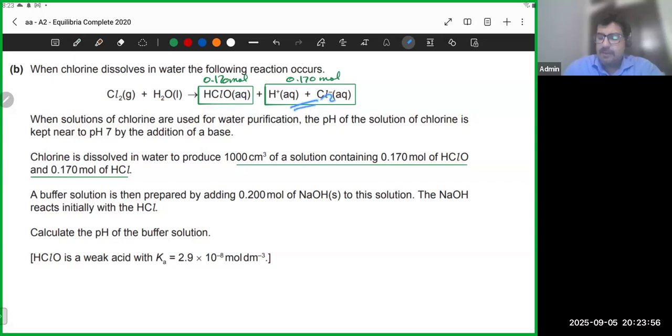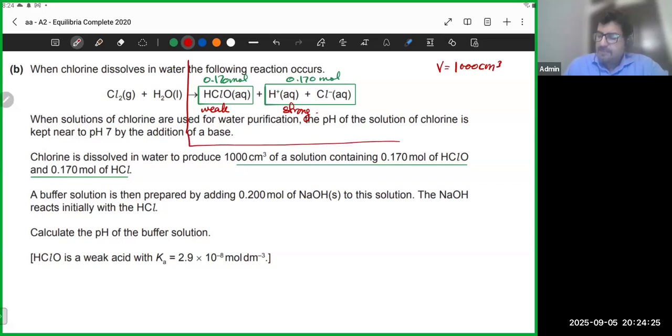This one is the weak acid because it's not dissociating, and this one is fully dissociated, so that's probably a strong acid. As for the volume, we note that the volume of the solution is 1000 cm³. He then says a buffer solution is prepared by adding 0.2 moles of NaOH.